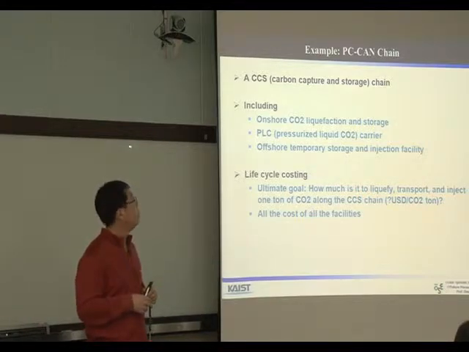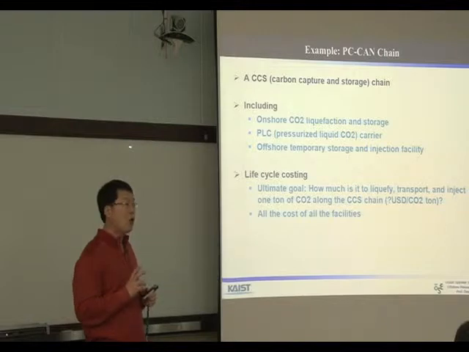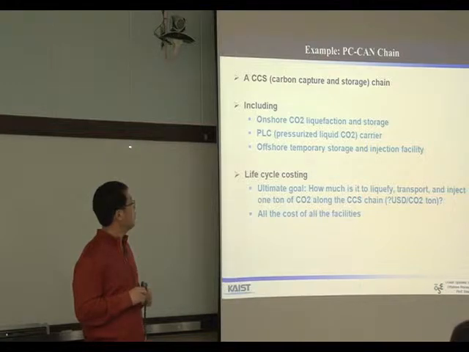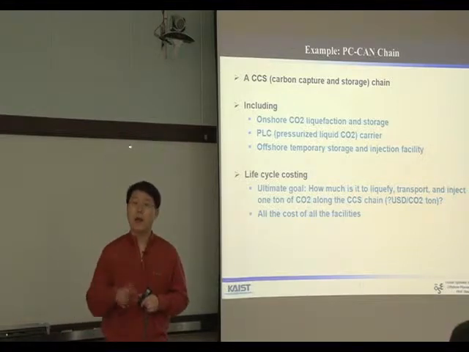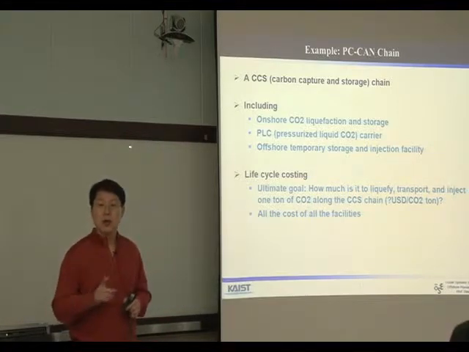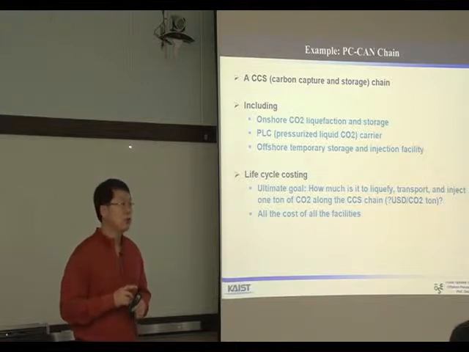They conducted the life cycle costing. So the ultimate goal is how much it is to liquefy, transport, and inject 1 ton of CO2 along the CCS chain. So how much do we have to pay to treat 1 ton of CO2?